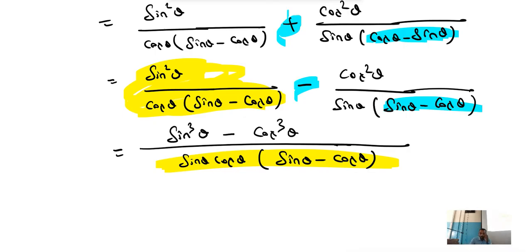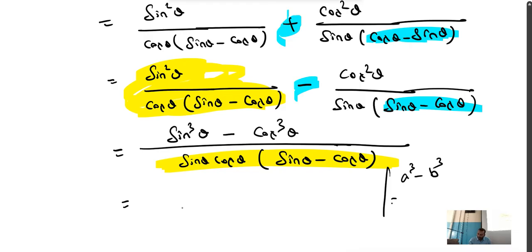Now, what is left out here? Numerator a cube minus b cube. What is a cube minus b cube? Identity. Check. A cube minus b cube, make a note, is a minus b into a square plus b square plus ab. If you want, I'll write it here.